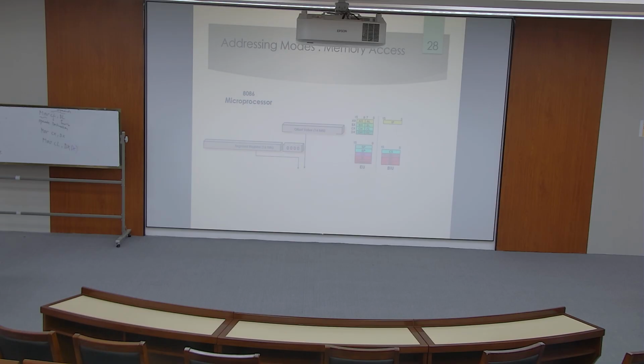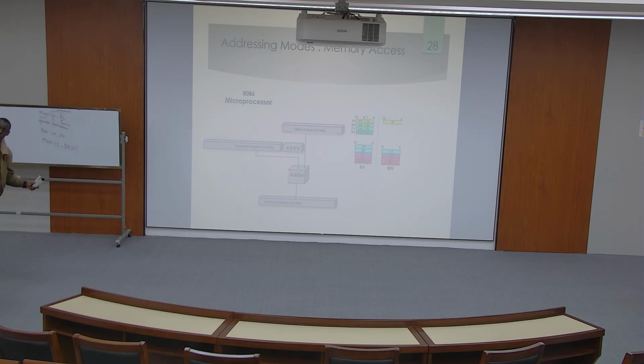We have talked about the memory segmentation: for segment registers, which are 16 bits, we needed to shift 4 bits to the left. Then we add the offset value to get the physical address. So this is to summarize what we have seen about the memory segmentation.